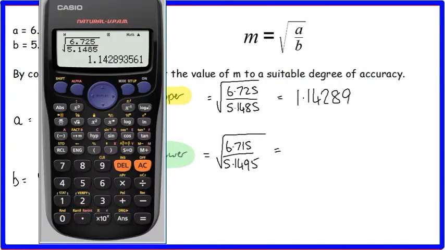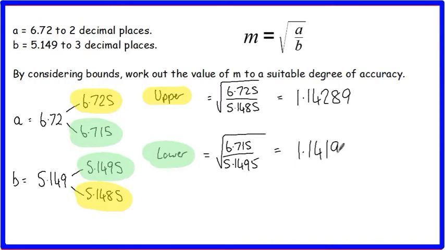And square root fraction, 6.715 divided by 5.1495 is 1.1419. Okay. So I come down here. Upper, lower. Write some of these.